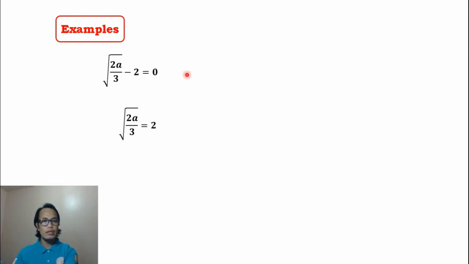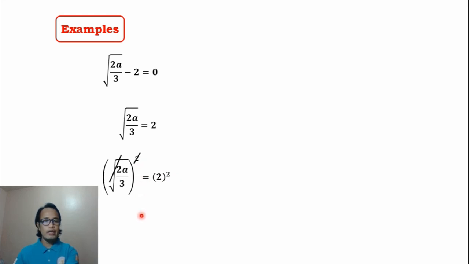Then we also add 2 at the right side of the equation. This time, we need to eliminate the radical symbol. Of course, still this is a square root, so we need to square both sides of the equation. So this shall become the square root of 2a over 3, quantity squared, equals 2 squared. Then, of course, we eliminate the radical and the exponent.